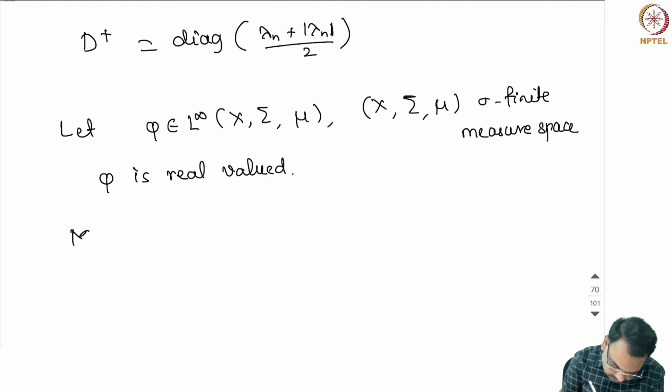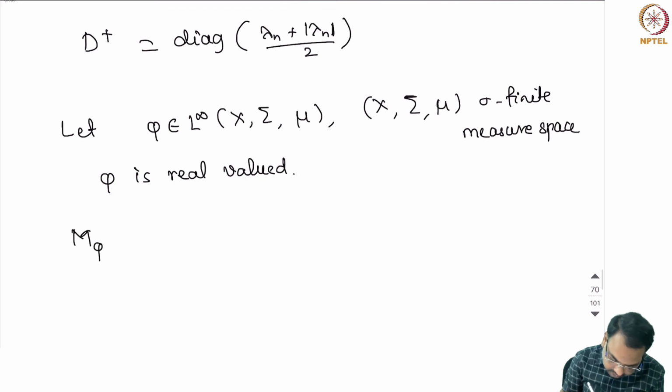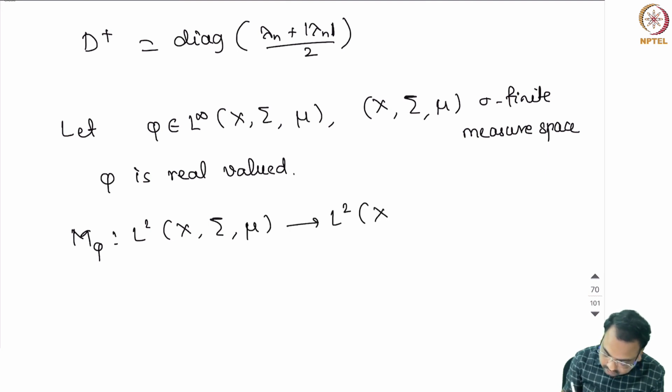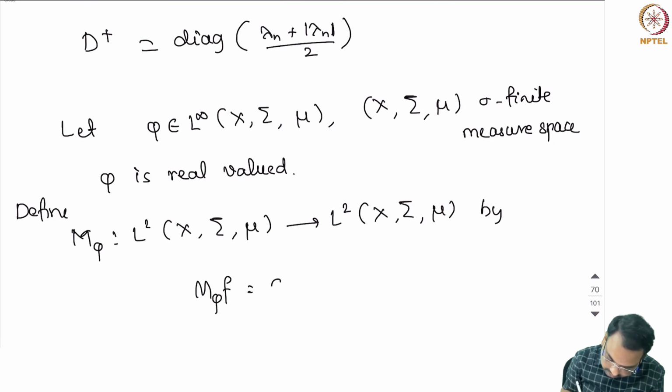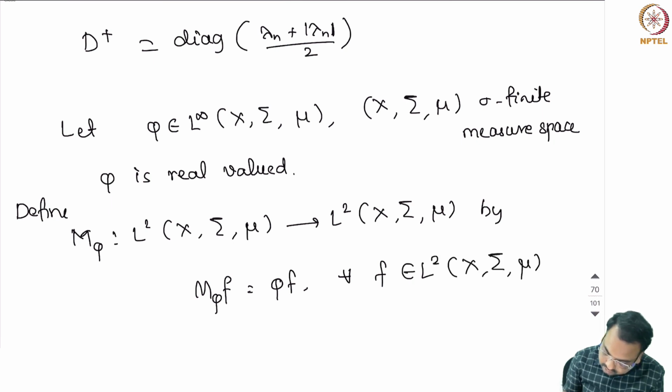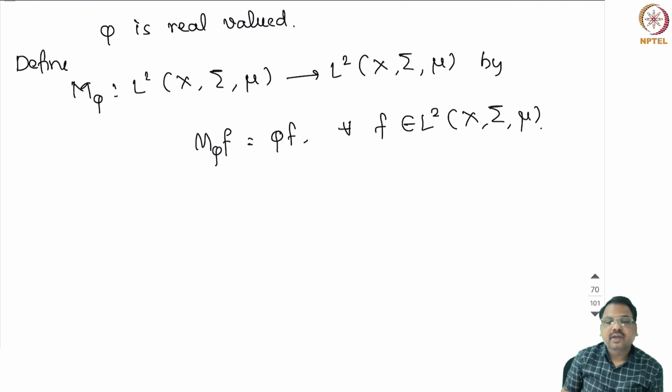So look at the multiplication operator M_φ from L2(X, σ, μ) into L2(X, σ, μ). So M_φ at f is φf for every f in L2. We know that M_φ is self-adjoint because φ is real valued.